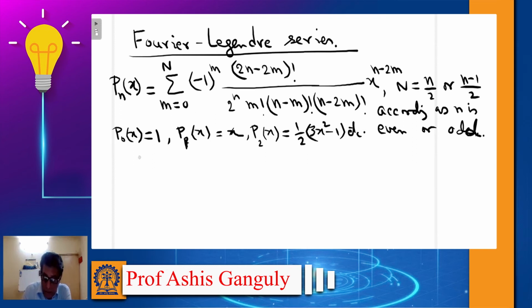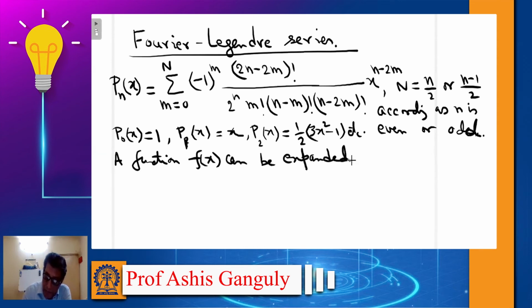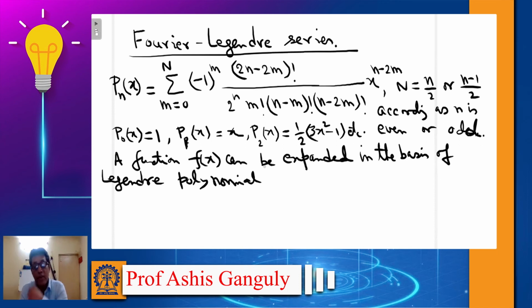Now, a function f(x) can be expanded in the basis of Legendre polynomials. Like in the Fourier expansion there were sine and cosine functions, here it will be the Pn functions.